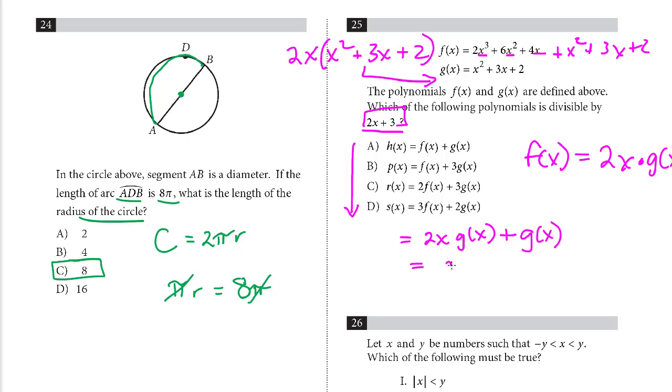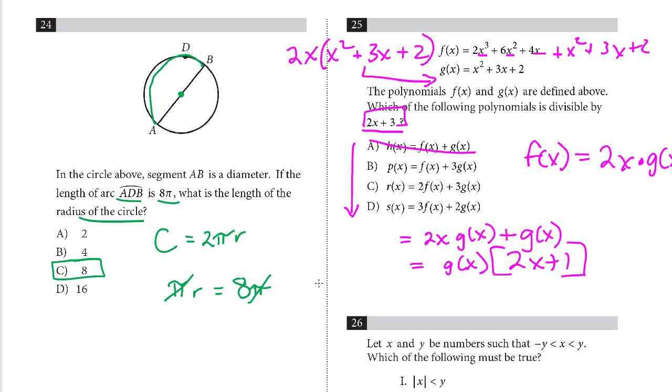Factoring out g of x, that's g of x times 2x plus 1. Okay, well, that doesn't tell us 2x plus 3 is a factor, but now I see which one will be. A is not correct, but it looks like I need to get that 1 to be a 3, so I need to multiply g of x by 3.